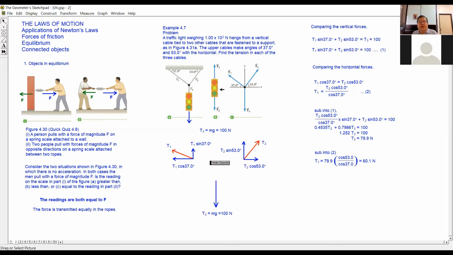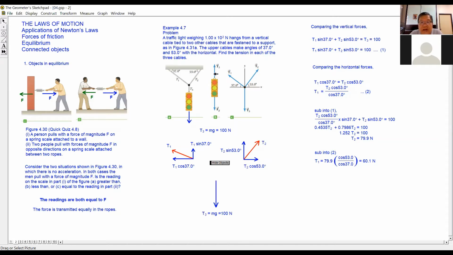Okay. So where are we now? Okay. So if you look at the T3, T3 is actually produced by hanging the traffic light onto the rope here, tied to the rope here. So if you look at the traffic light, there are two forces acting on the traffic light.